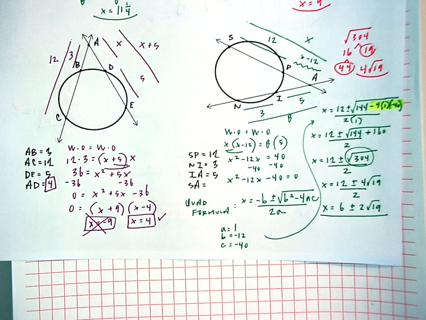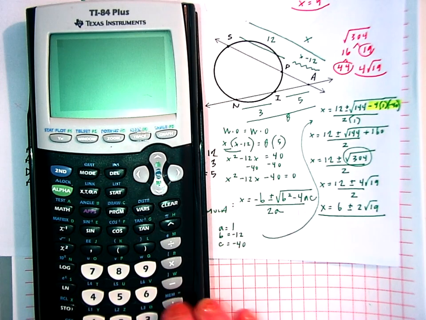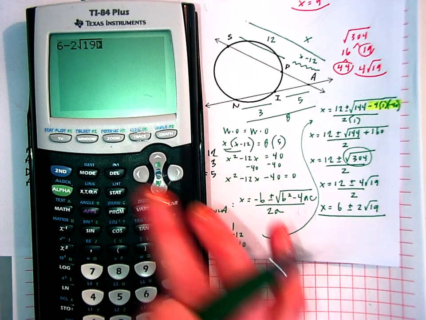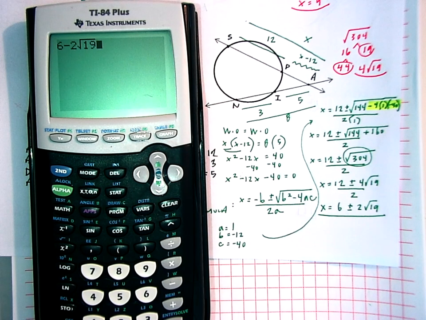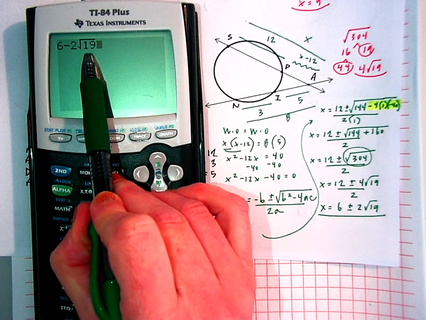So let me show you what happens when I type into my calculator 6 minus 2 times the square root of 19. So before I even hit enter, I can conceptualize what I'm going to get as my answer. I know that the square root of 16 is a little below the square root of 19, and the square root of 16 is 4.